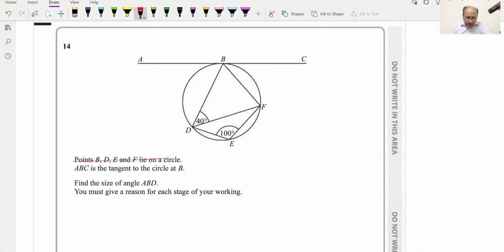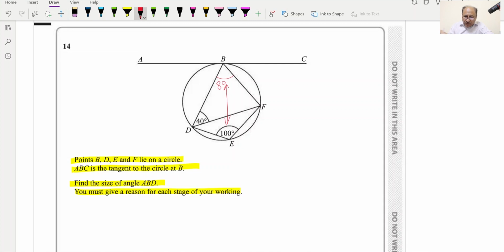Points B, C, D, E, F lie on the circle. ABC is the tangent. Find the size of angle ABD. You must give a reason for each stage. First of all, we will identify this one as 80 because of opposite angles of a cyclic quadrilateral.